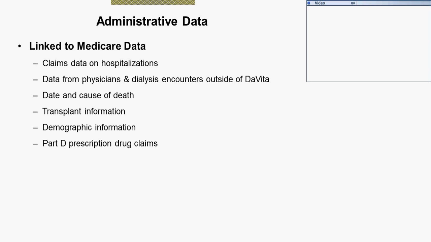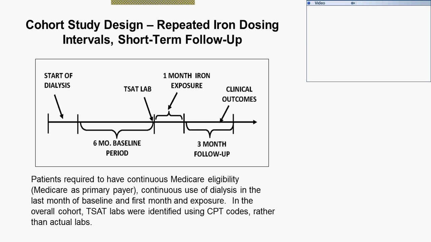So those are the two databases that we put together to do our study. Essentially, we have a new user design. Iron treatment decisions occur after iron labs are taken. Interestingly, in our data, unlike the EHR data we heard about earlier, the date is the date of the lab draw.